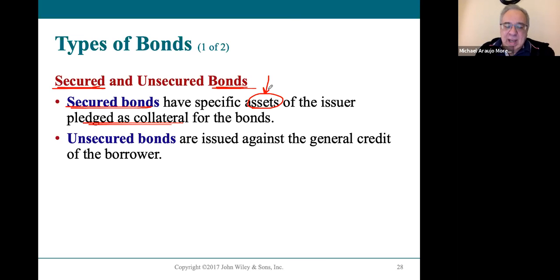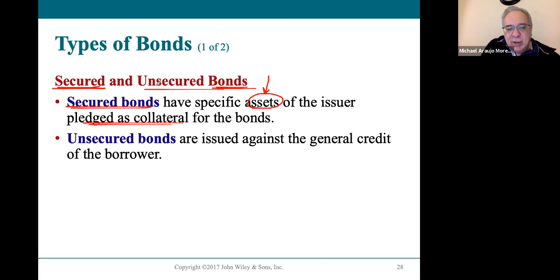They're very common, and that means that if the corporation does not pay the bondholders back, they've already pledged that asset as collateral, which means the bondholders literally could sell the asset to get paid back. So a secured bond is nice for the bondholders because it provides some security that it's not just free money. There's actually something attached to it.